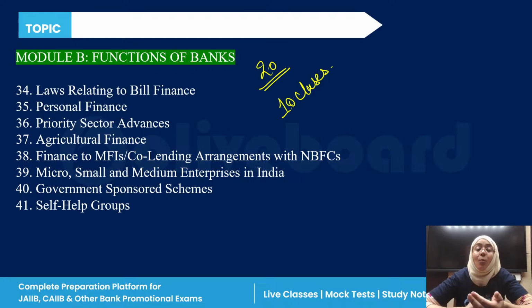It doesn't mean I have to leave the other one. It only means that whichever is my favorite module, I have to go very deep into that module, because they are equally important and have equal weightage. So one should be given preference over the other. Now it depends on different bankers. Some bankers choose B, some choose A.